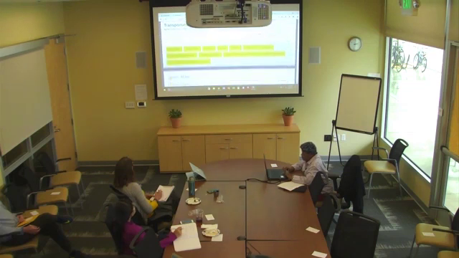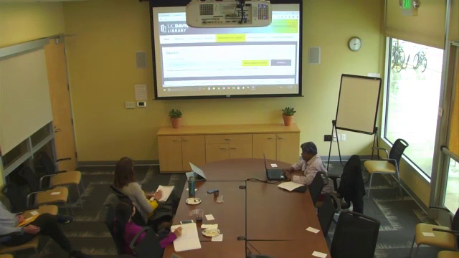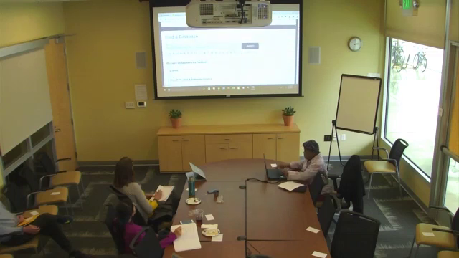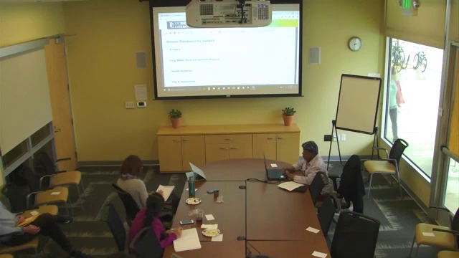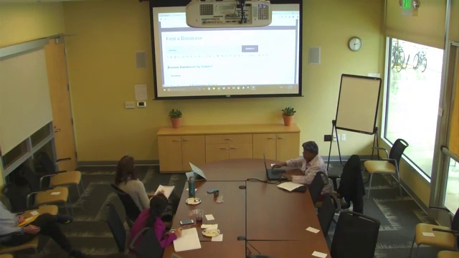So I'm just going to scroll down until we get to Find Databases. And I'm going to type in Ulrich, because that's the name of it. All right, I think we can get away with Ulrich. So let's minimize that a little bit.